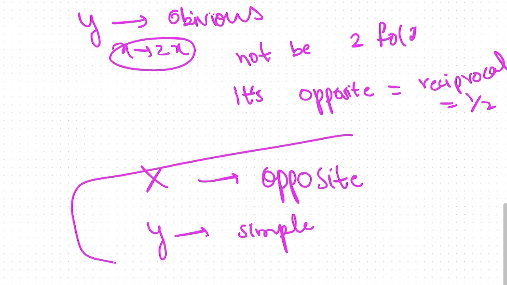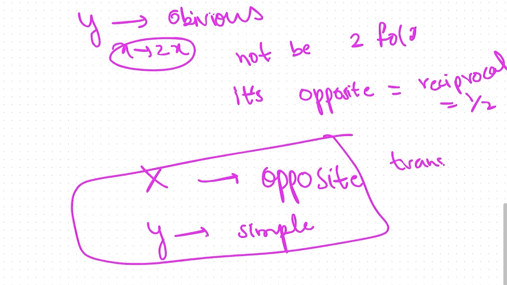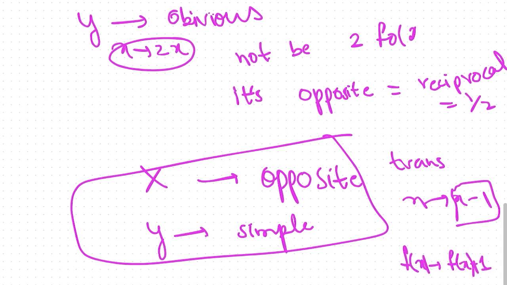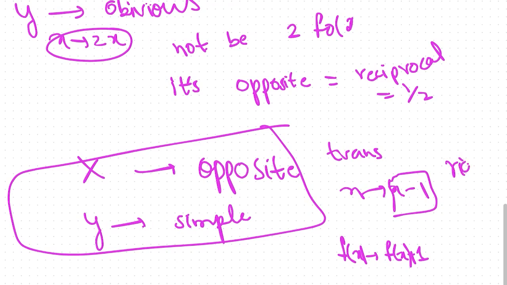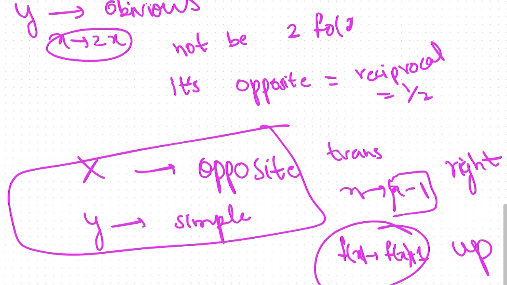But in translations also, when you write x becomes x minus 1, it goes 1 unit to the right side. Counterintuitive, right? But f of x becomes f of x plus 1 means it goes up 1. Up, right? So for y values, it's pretty obvious. The x value is counterintuitive.